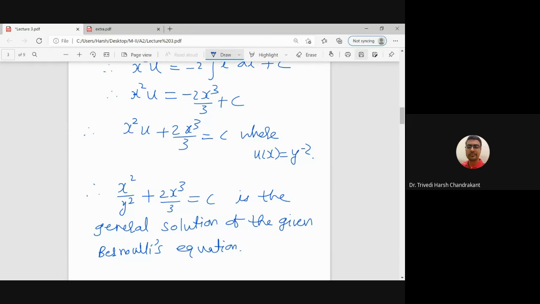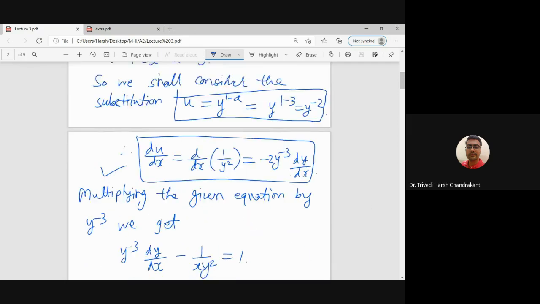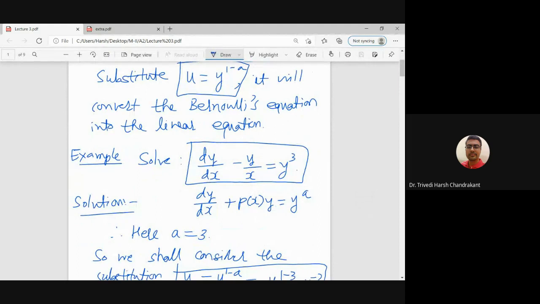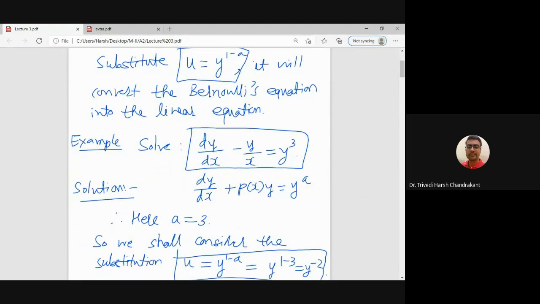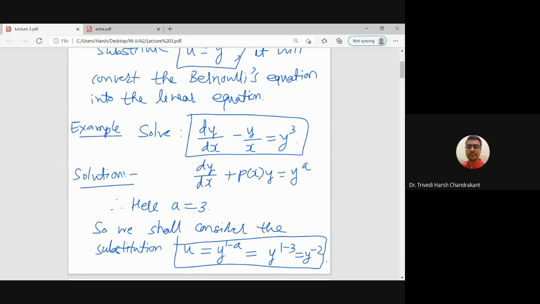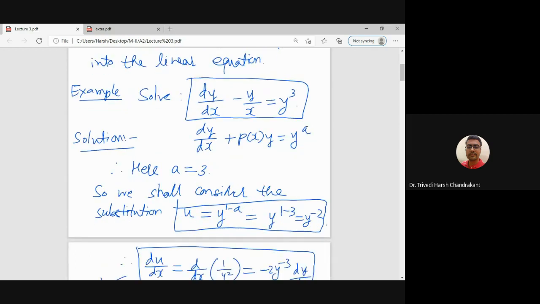So what we have done basically is that we were given a Bernoulli equation, in which there was a term of y power 3, so that y power 3 term we need to convert into a y term by substitution basically.